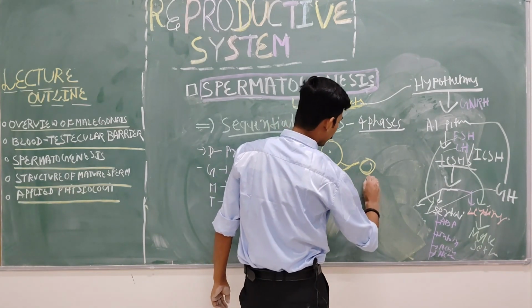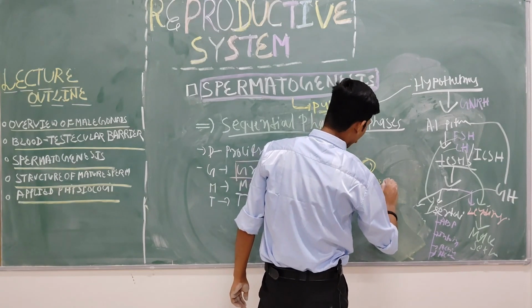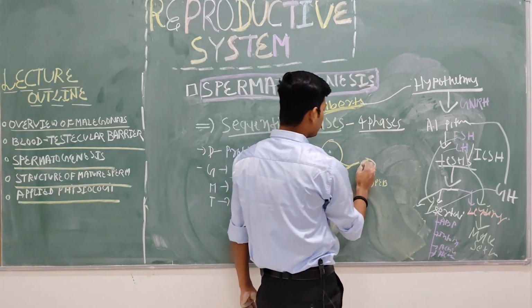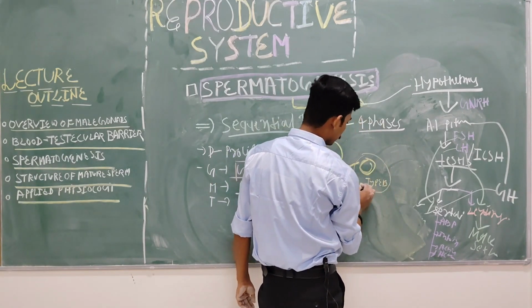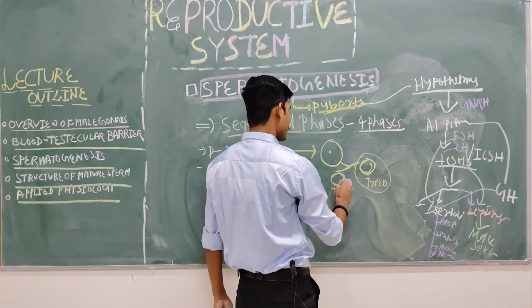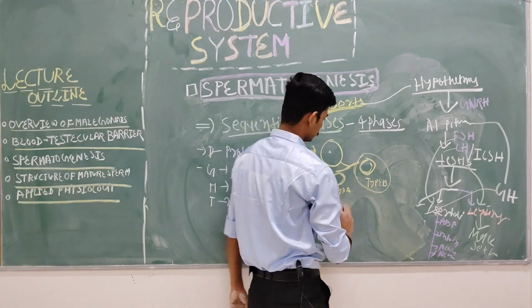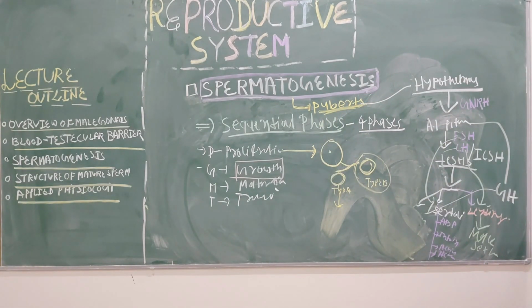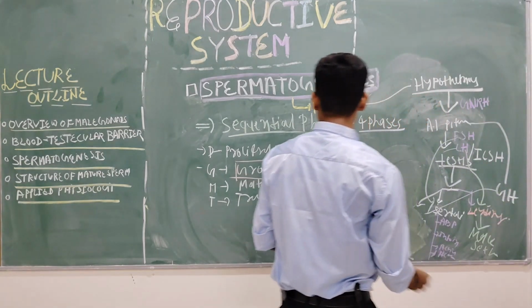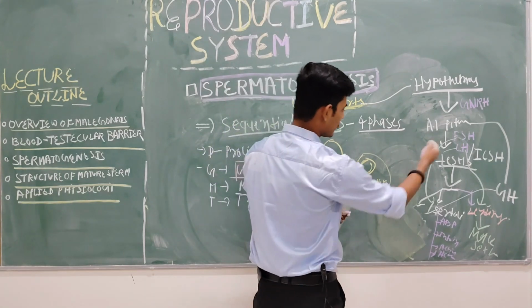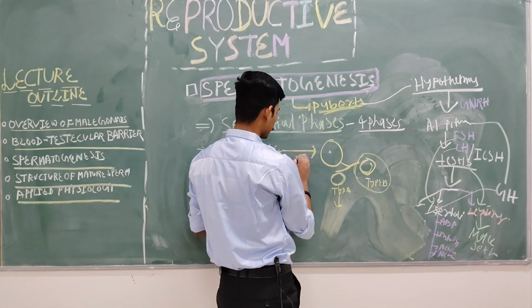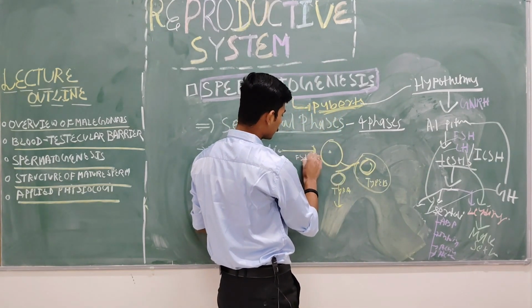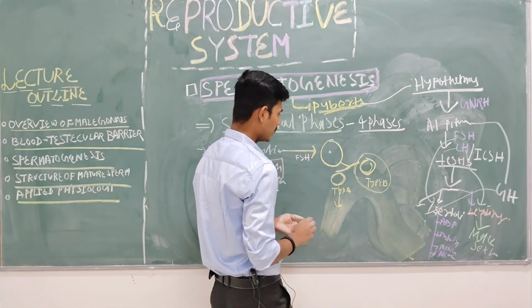One is called type A, another is called type B. Type B will be preserved, and type A participates in the further division. Understood? Are you getting the points? No problem. This proliferation is happening, as I said, under the FSH.